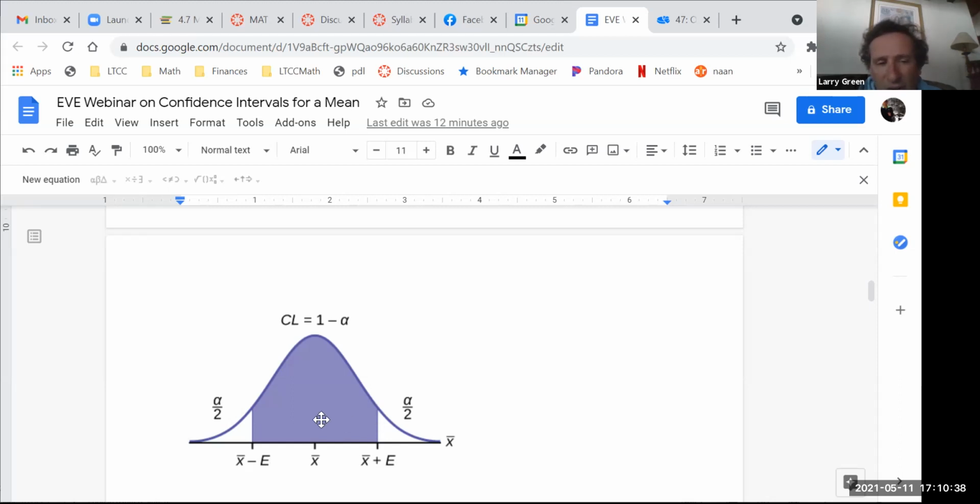Okay, so it turns out that the standard way of doing things is you make sure that the area under this curve, or the probability of being between those two numbers, is 95%, or 0.95. So we call that the confidence level, or CL.